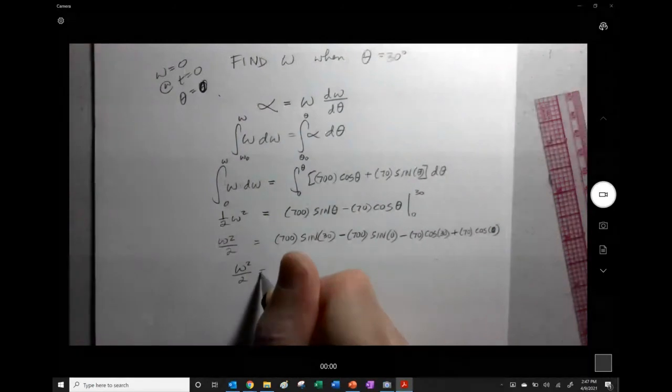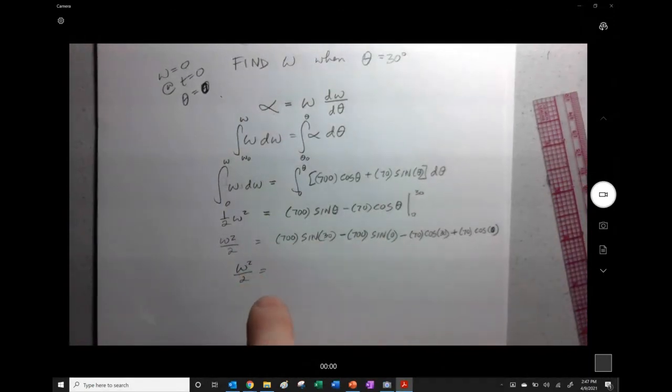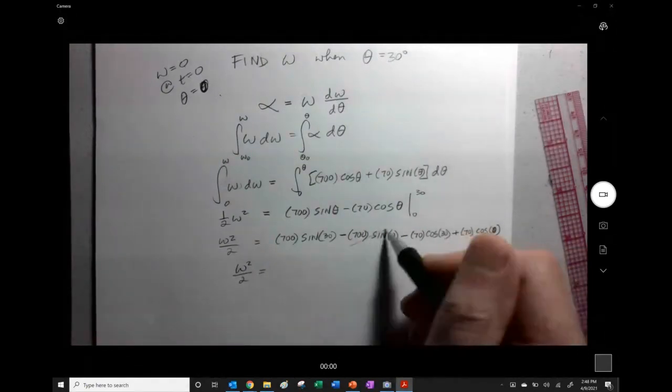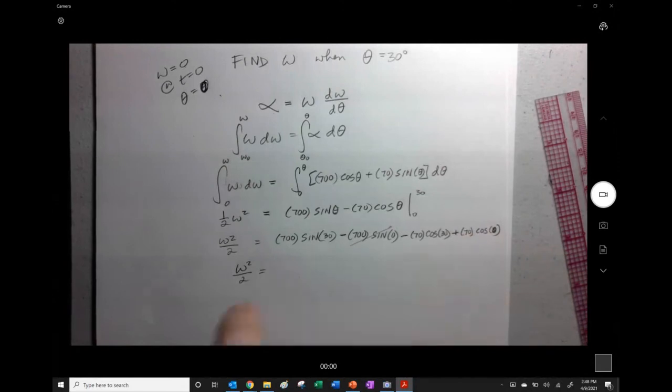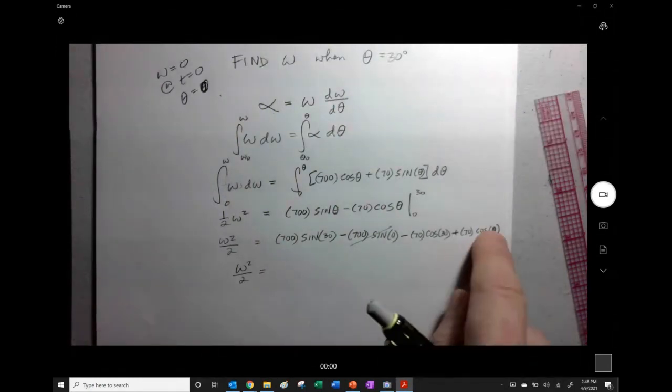So you get omega squared over 2, and hopefully this comes out to a positive number because we're going to take the square root. So 700 sine of 30 is 350. This one goes to 0, but we need to subtract 70 cosine of 30, and then add in 70.